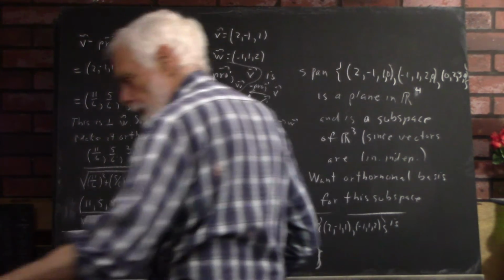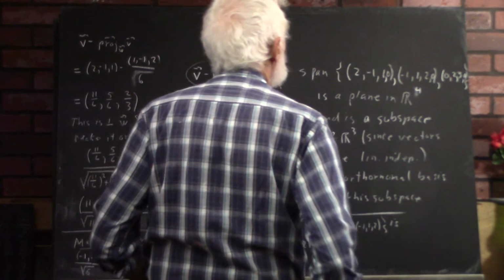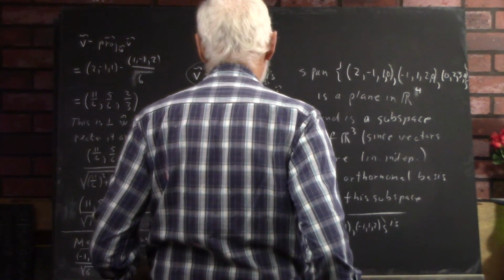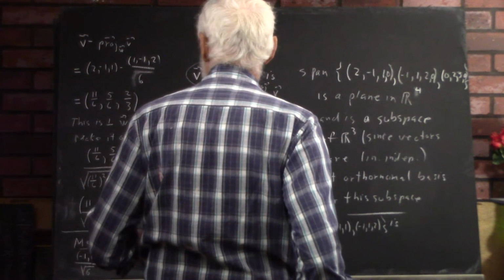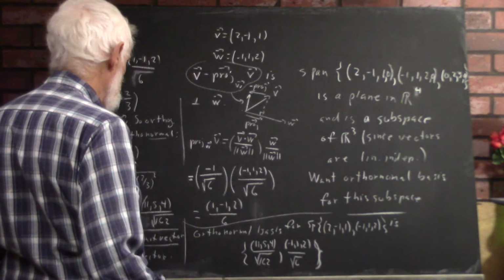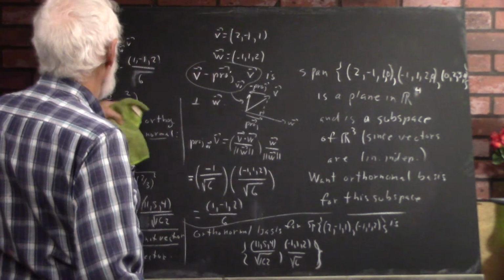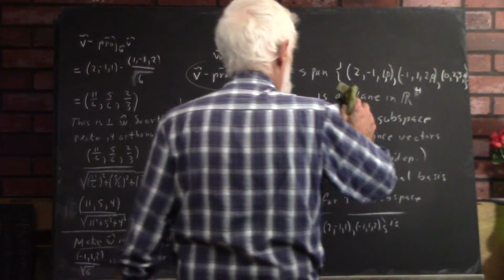Well, I'm going to need to clear off a little board space. Everything I've done over here is going to work if I just put an extra 0 on the end. Okay, now we'll do that.